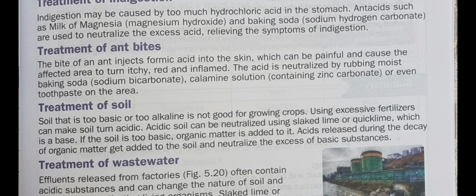Treatment of ant bites: the bite of an ant injects formic acid into the skin, which can be painful and cause the affected area to turn itchy, red and inflamed. The acid is neutralized by rubbing moist baking soda, sodium bicarbonate, or calamine solution containing zinc carbonate, or even toothpaste, on the area.